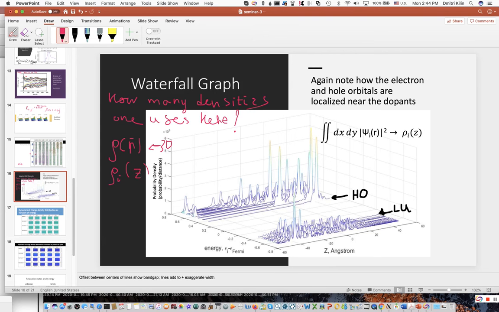Then you do have the density operator in the Redfield equation.